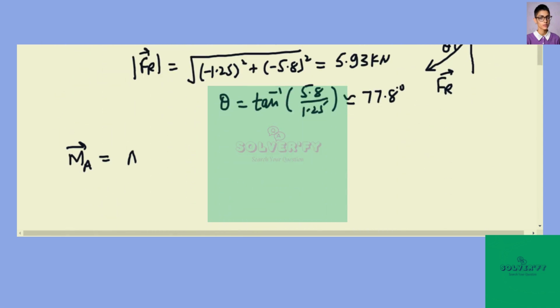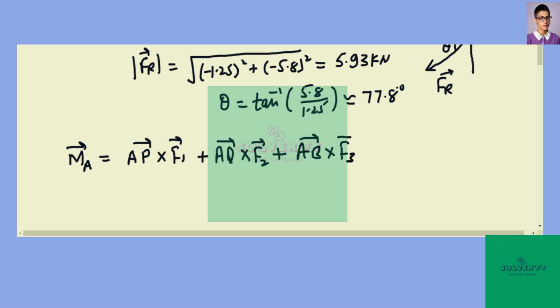We are writing here AP cross F1 is the moment of force at A due to F1, plus AQ cross F2, plus AB cross F3.